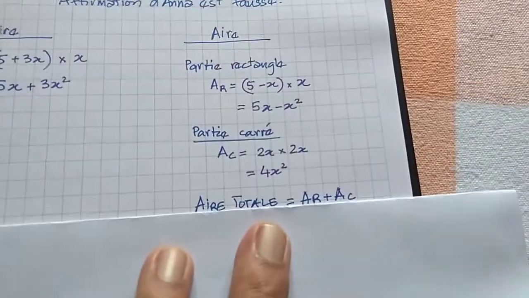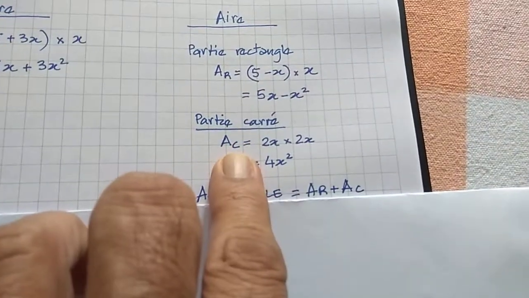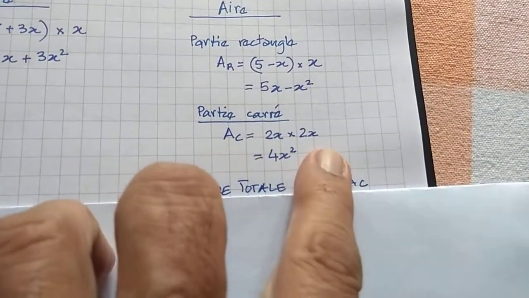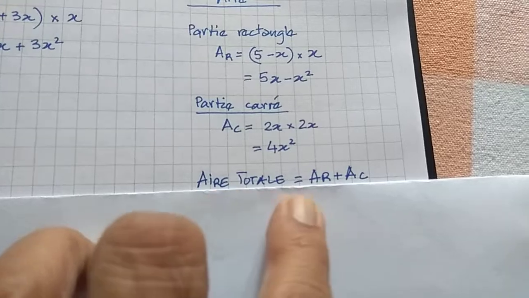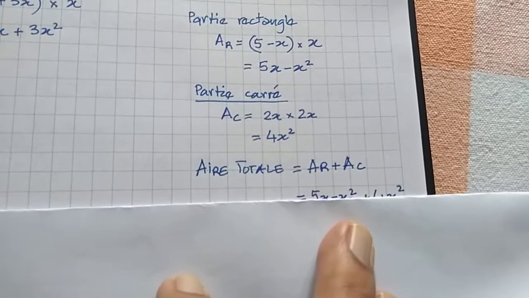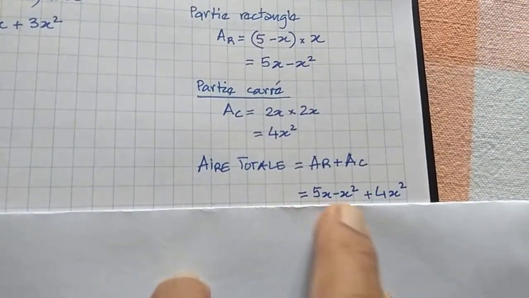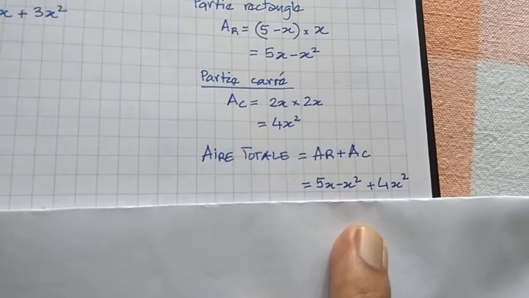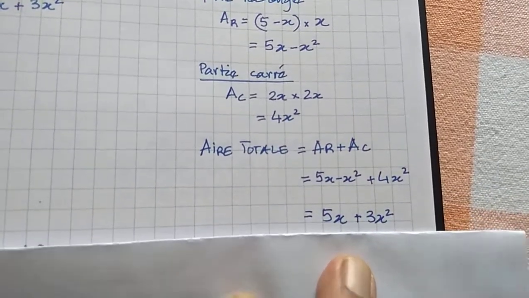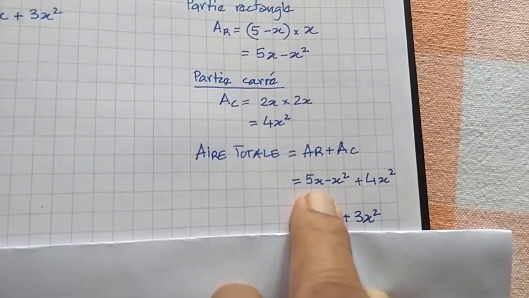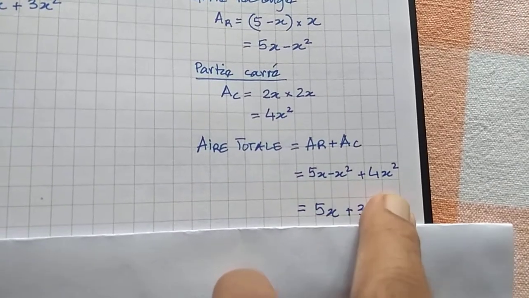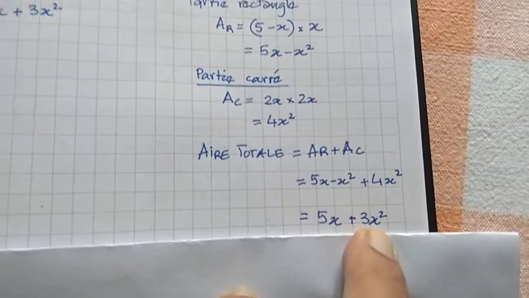That's very simple. Partie carré, A carré, 2x fois 2x, 4x carré. Air total, AR plus AC, 5x moins x carré plus 4x carré. Ça nous donne 5x plus 3x carré. 5x is there, moins x carré plus 4x carré, 5x plus 3x carré.